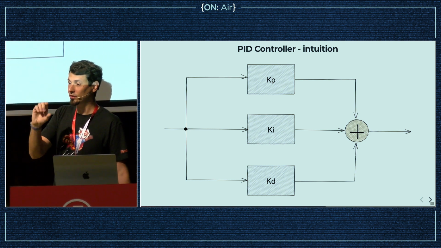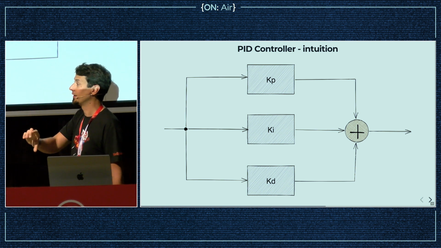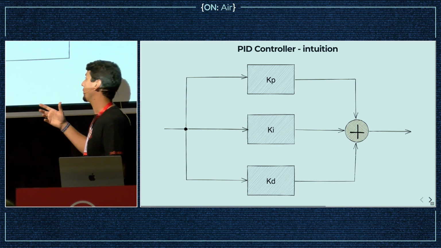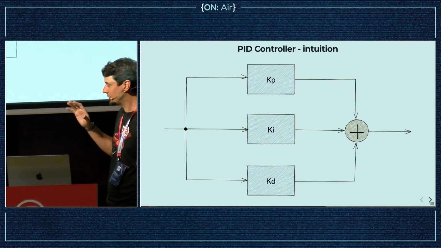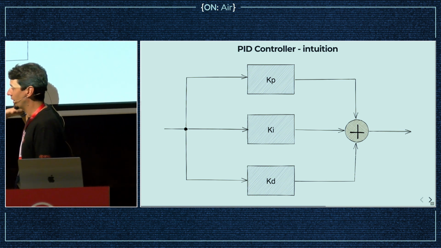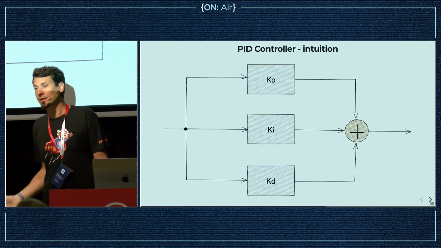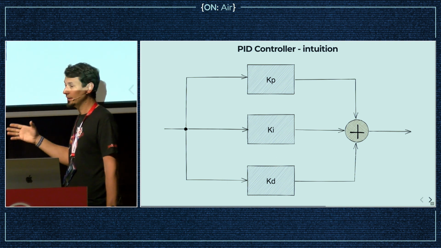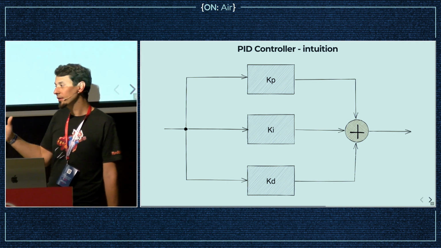So how would this 1 centigrade translate to a percentage of the heating element power? That's easy. And then we have the derivative part. The derivative in mathematics is basically a rate of change, right? It expresses a rate of change.